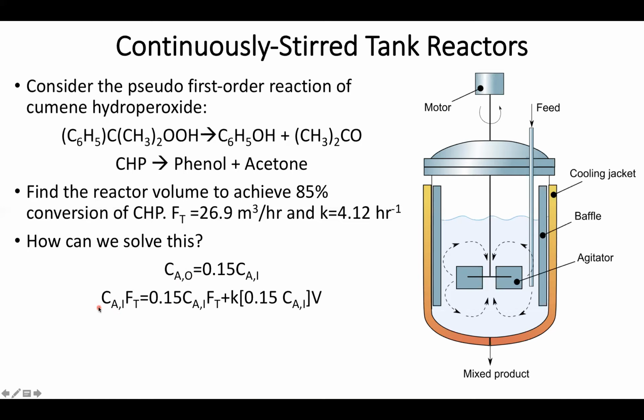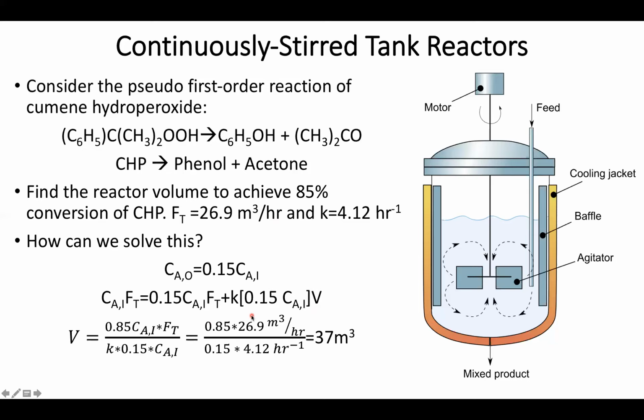The moles in is already dictated, and now this is the number of moles of CHP in my output, and here's the number of moles of CHP that's consumed, again, on a per hour basis. So we can plug in our numbers and solve for the volume.